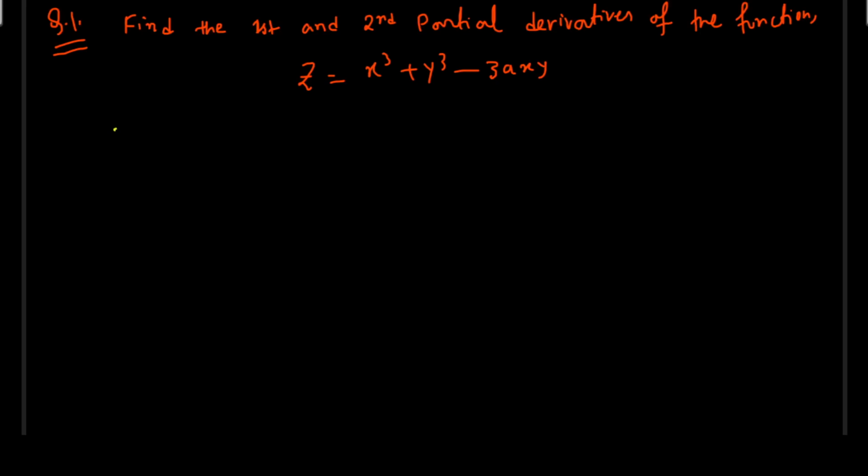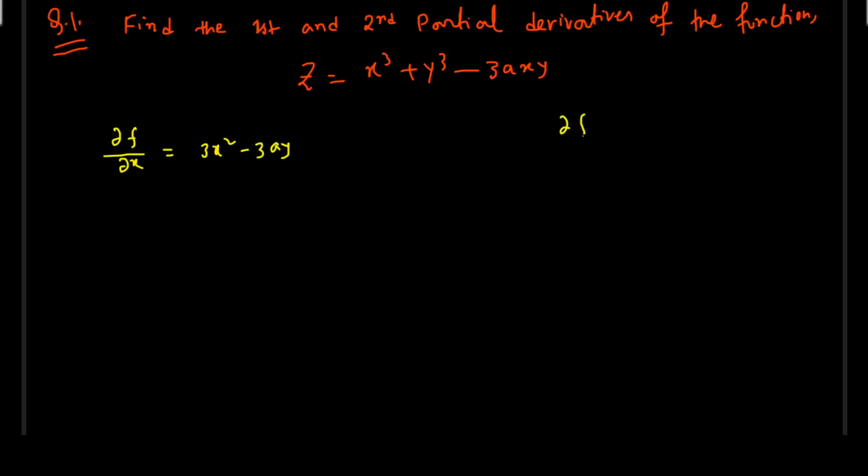If we take del z over del x, it will be 3x square, and the differentiation of y cube will be 0 because y is taken as constant here. y just acts like a number. So the differentiation of y will be 0, but the differentiation of x will be 1, so it will be minus 3ay. The constant term will be 3a.